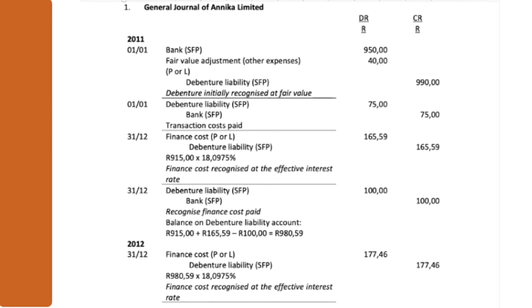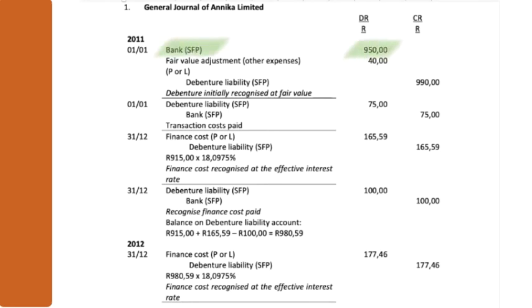It was issued at 95, a different way of saying it. It was issued at a discount of 5%. So they won't receive the full nominal value of 1,000 Rand. They will only receive 950 Rand.